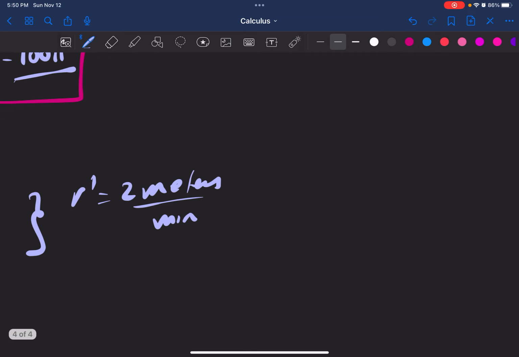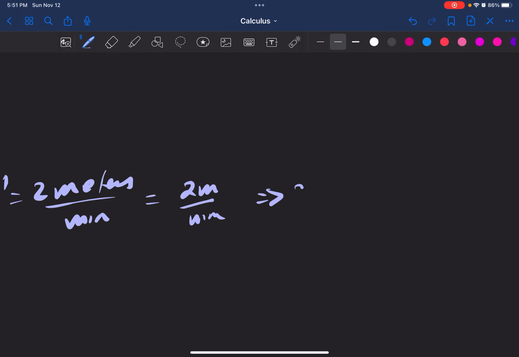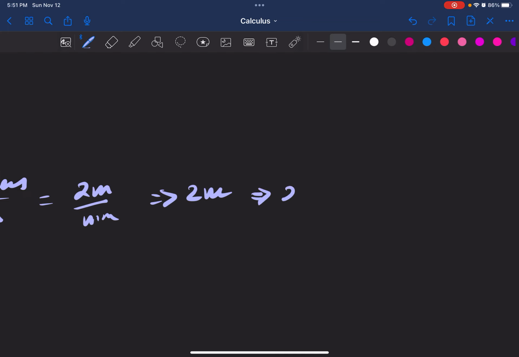So after 1 minute, what would my radius be? My radius is changing like this over minutes. After 1 minute, my radius would be 2 meters. After 2 minutes, I'm multiplying the 2 meters per minute times the minutes, so the minutes cancel, and my radius will be 4 meters.